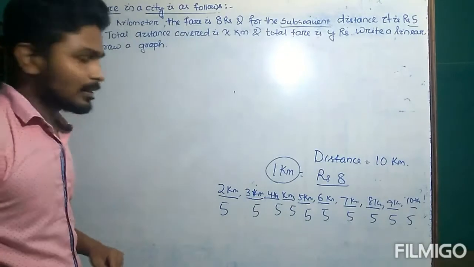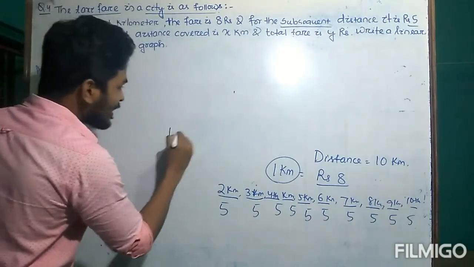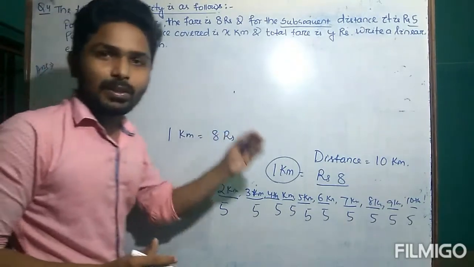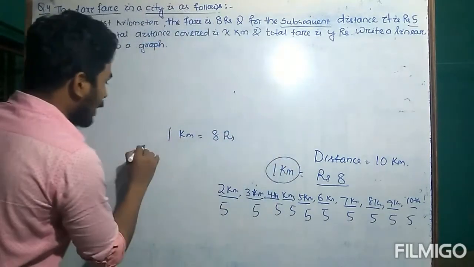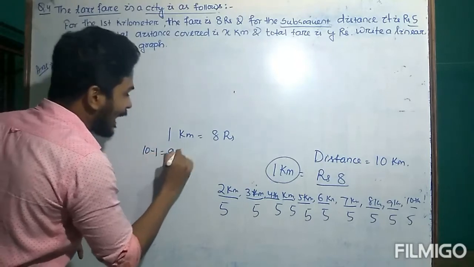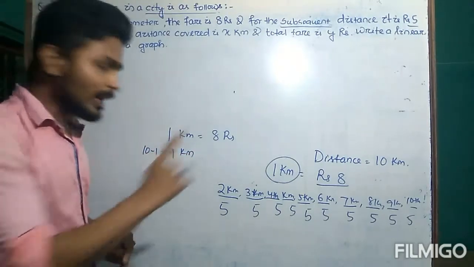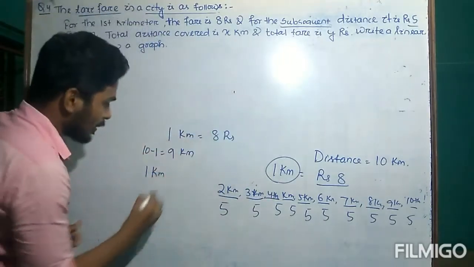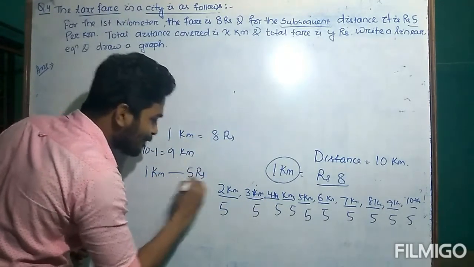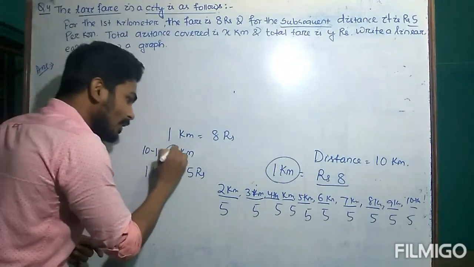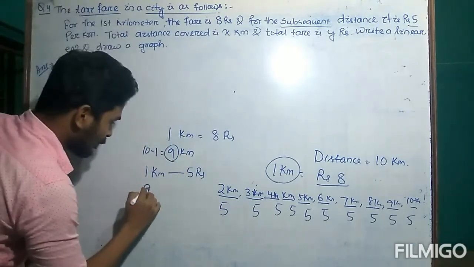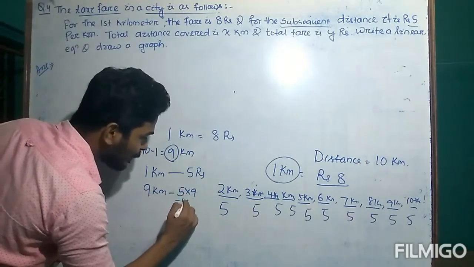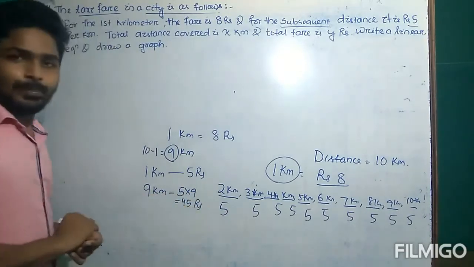Again I am saying, for the first kilometer you have to pay rupees 8. Then how many kilometers remain to be covered? 10 minus 1, that is 9 kilometers. For each subsequent kilometer you have to pay rupees 5. So for 9 kilometers you have to pay 5 into 9, that is 45 rupees.